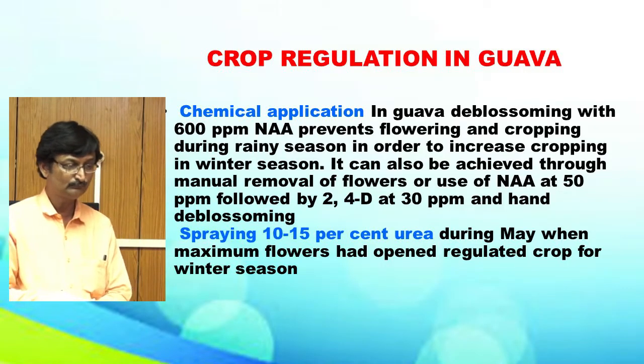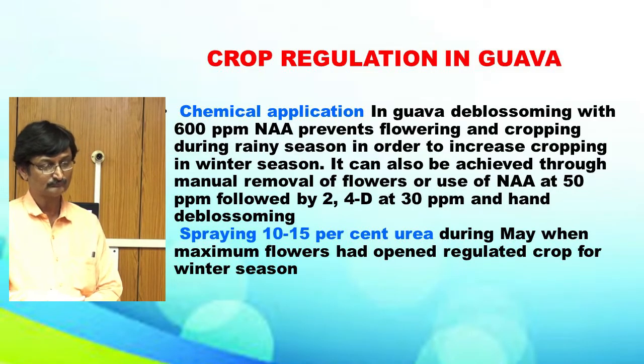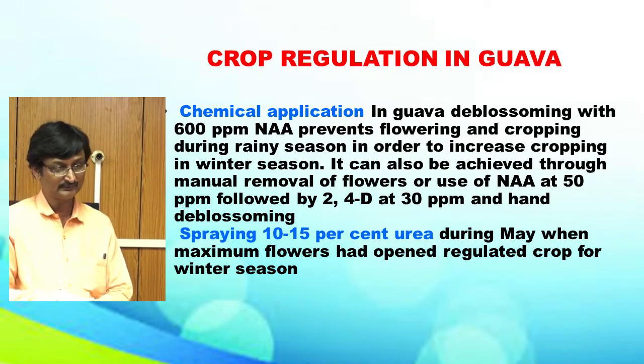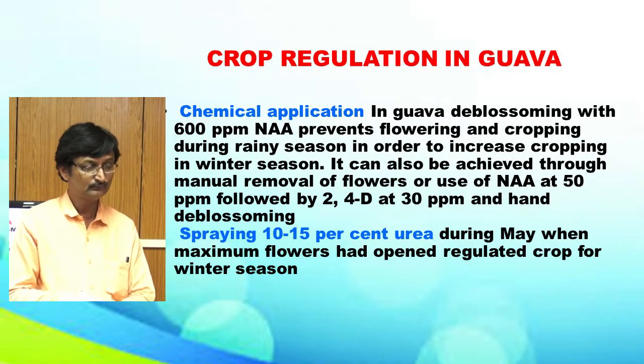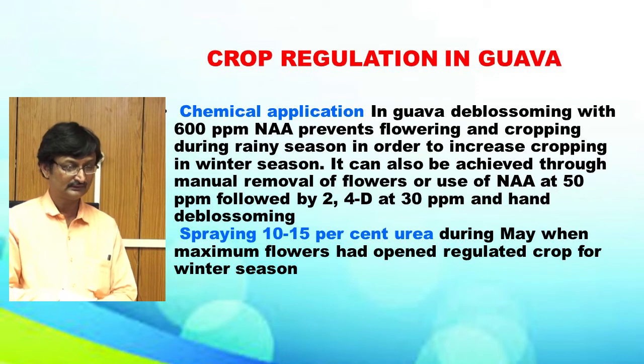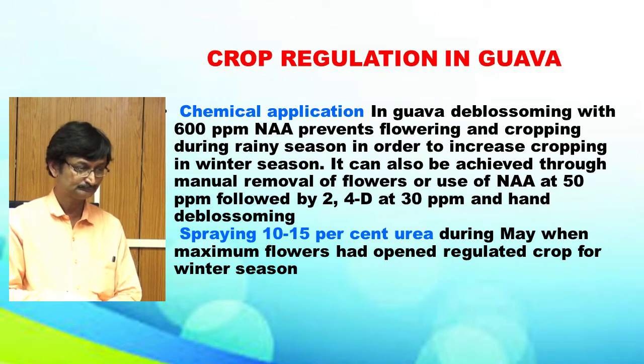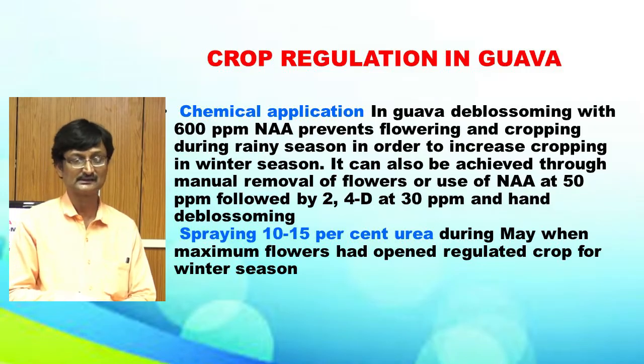Spray of 10 to 15% urea. During May, when maximum flowers had opened, a spray of 10 to 15% urea has taken care of crop regulation for the winter season.